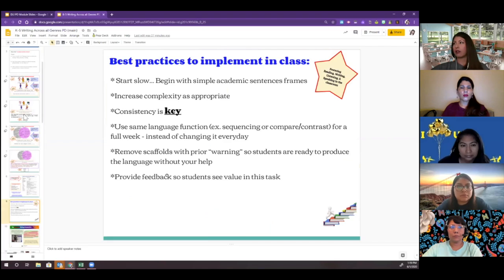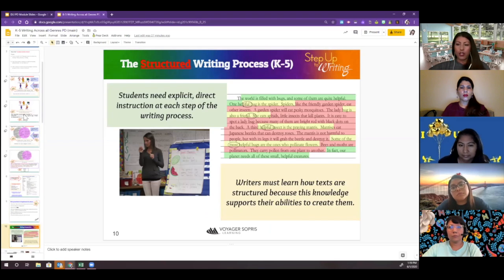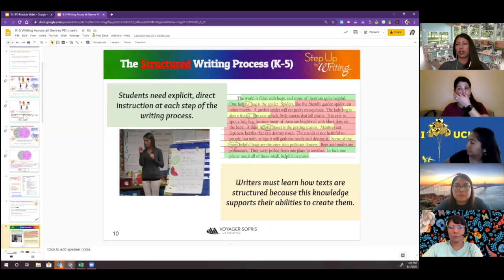So we're going to talk about the structured writing process, and the reason why we started rolling this out a couple of years ago was because we realized that when it comes to student testing with writing, the students would often be blank. So when given a prompt, the students would spend so much time just sitting there doing nothing because they didn't even know really where the first place was to start.